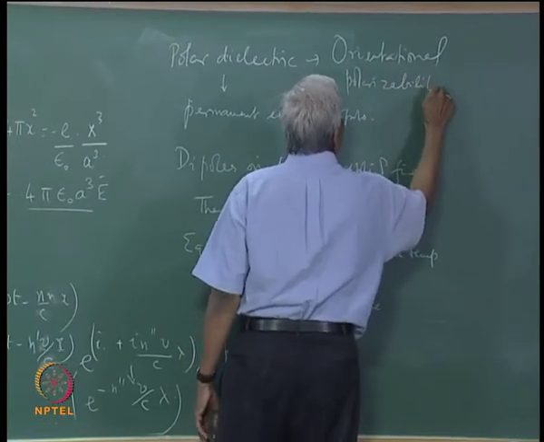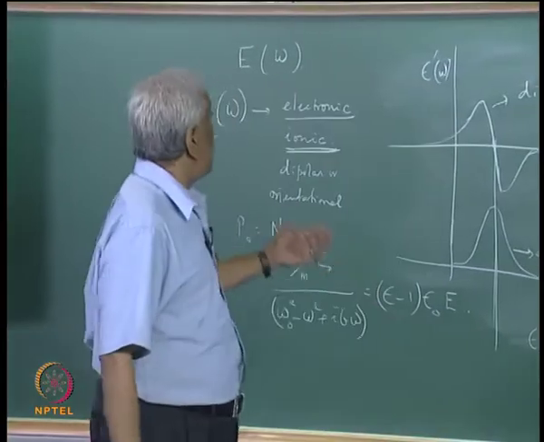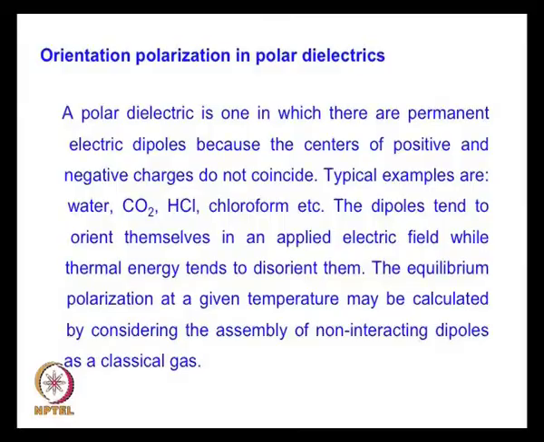This is how the orientational contribution to the polarizability can be separated from the electronic or ionic contribution, because you measure the dielectric constant as a function of temperature, and then the temperature dependent part comes from the orientational mechanism.